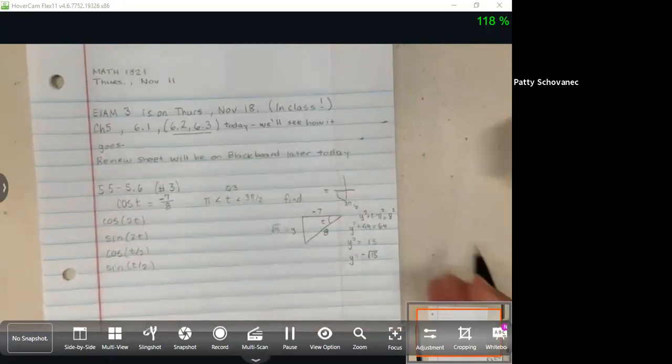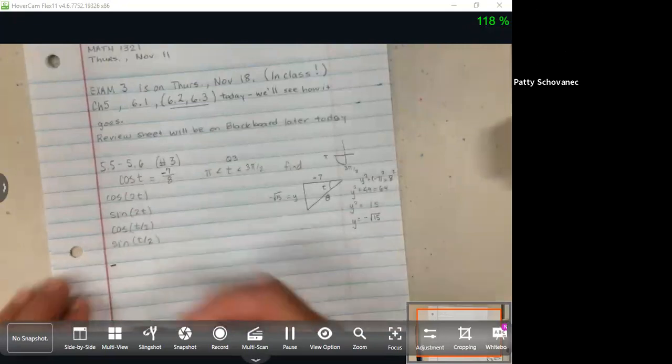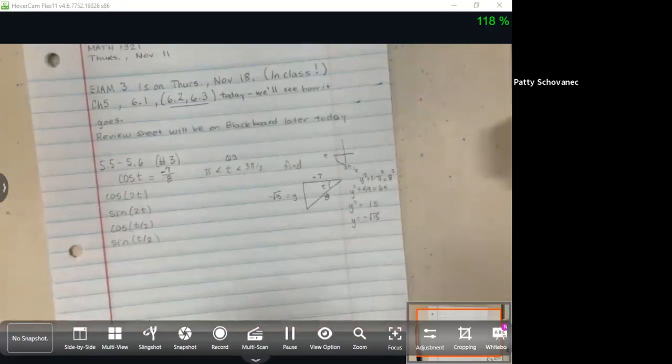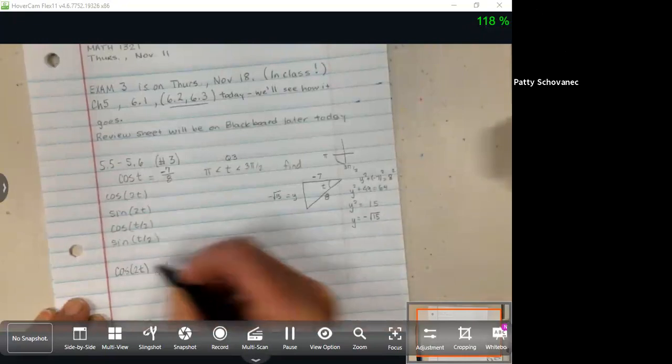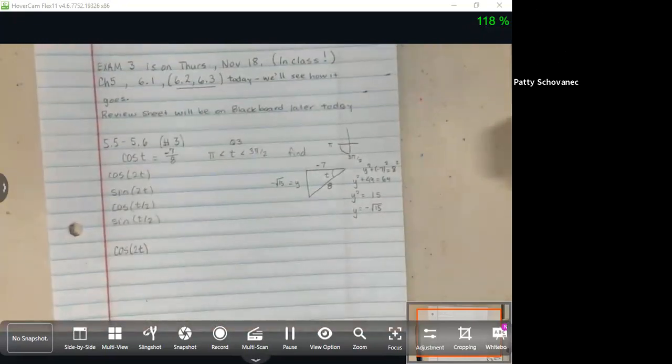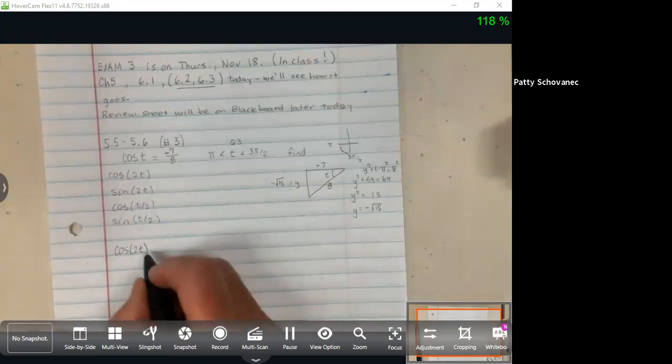So for the cosine of 2t, you will have the identities. I know them. Don't you wish you knew them too? But you'll have these identities given for you. There is a cosine identity for the double angle strictly in terms of cosine of the single angle.